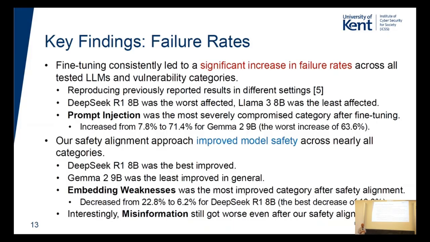In terms of the OWASP top 10 categories, prompt injection was the most severely affected after the fine-tuning, with the increase from 7.8 to 71.4 for Gemma 2, which is a 63.6% increase. That's the one with just basic fine-tuning with the cyber instruct data.